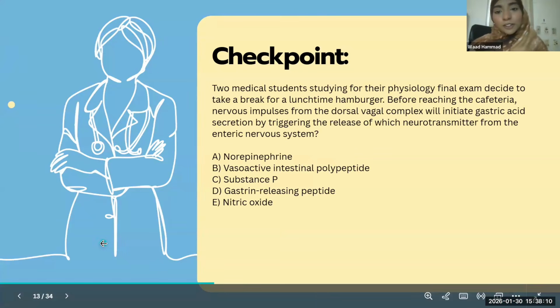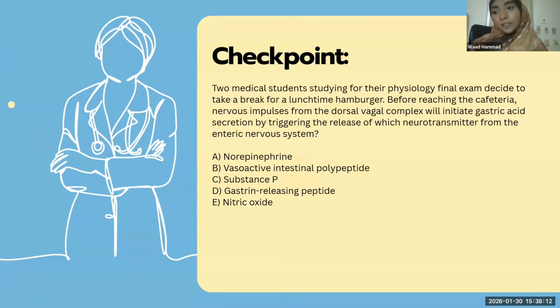Two medical students are studying for their physiology final exam and decide to take a break for a lunchtime hamburger. Before reaching the cafeteria, nervous impulses from the dorsal vagal complex will initiate gastric acid secretion by triggering the release of which neurotransmitter from the enteric nervous system? Norepinephrine, VIP, substance P, gastrin-releasing peptide, or nitric oxide.